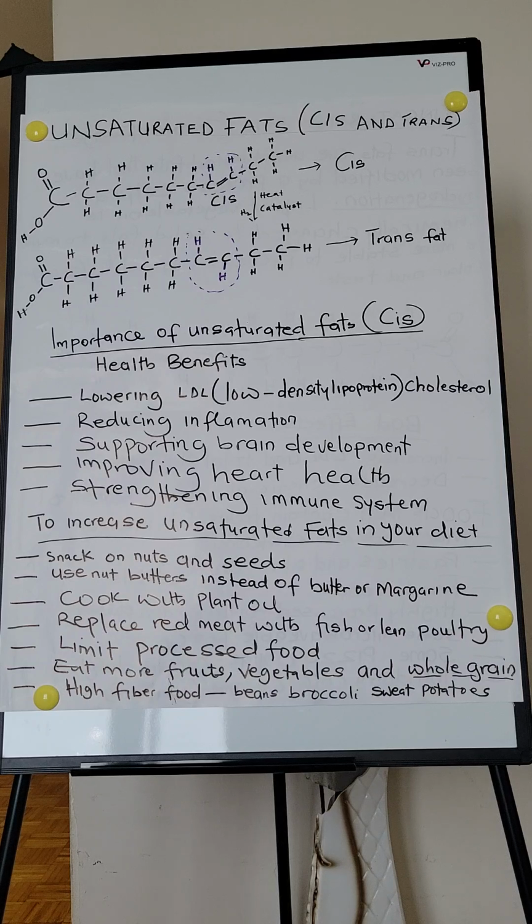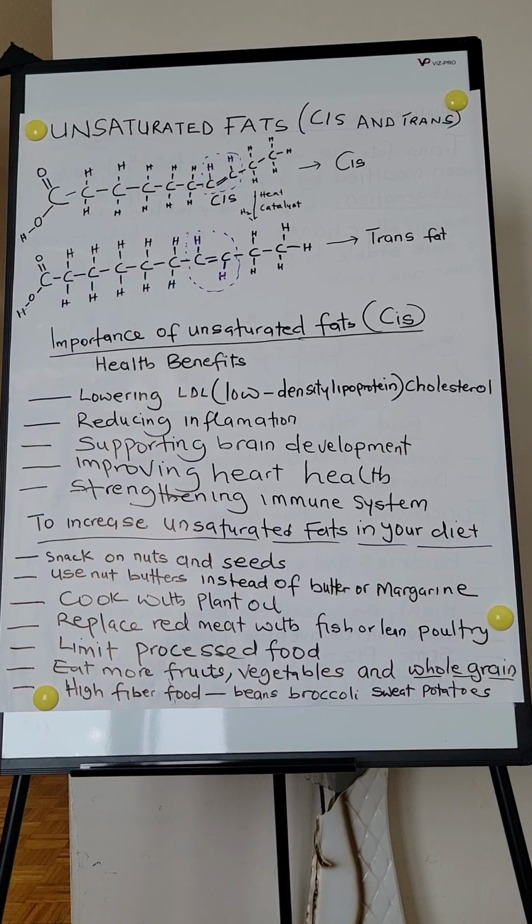Whole grain, like I said before, is a grain that has three parts: the endosperm, the bran, and the germ, while the refined one has only the endosperm, like white rice. We should reduce white rice, pastries, and flours.